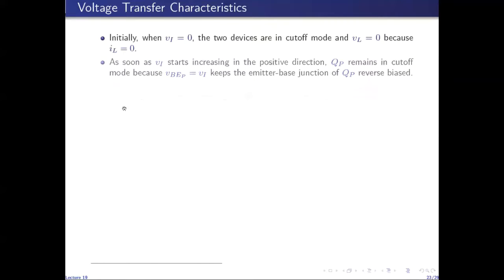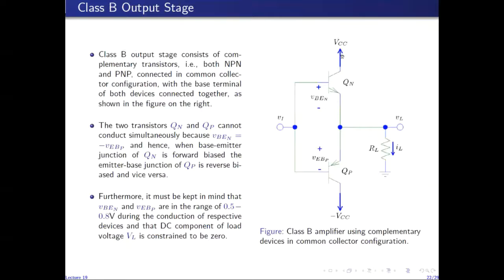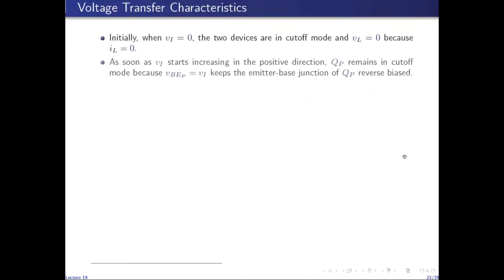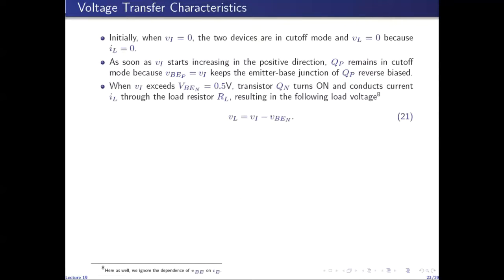Because QP is in cutoff mode, the current conducted by transistor Qn will flow through the load RL. So the current conducted through Qn is equal to IL. As soon as Vi exceeds about 0.5 volts or so, Qn conducts a current IL through the load resistor RL, and this gives us this equation for the load voltage.